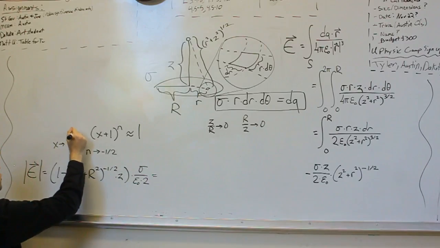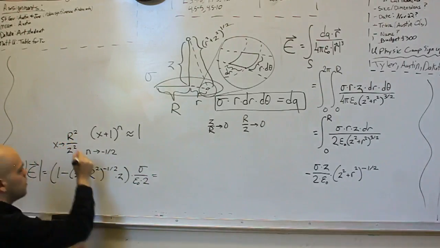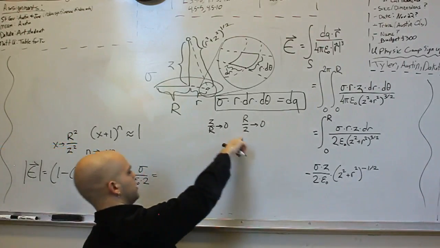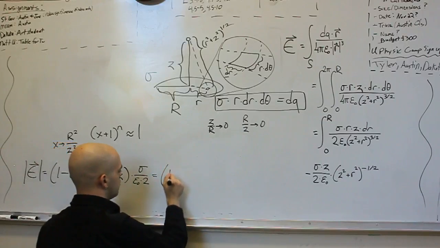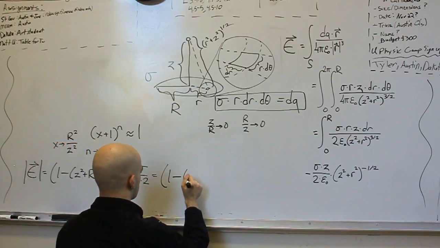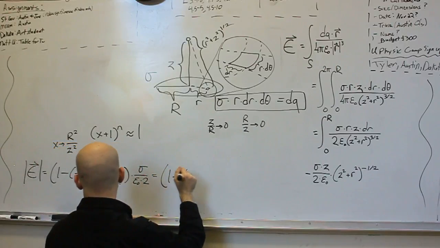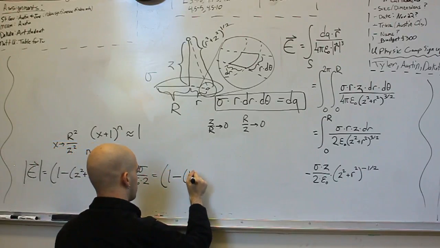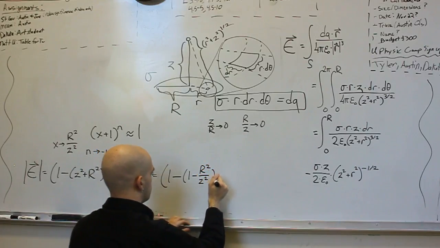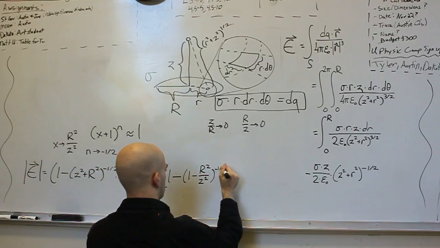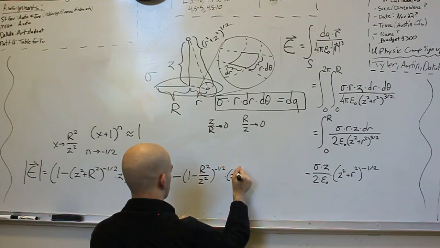So now, of course, we want to look at r over z this time. So we want to write this function in terms of r over z. So we're going to divide everything in here by z squared, and then take the z squared out front, or out back I suppose.